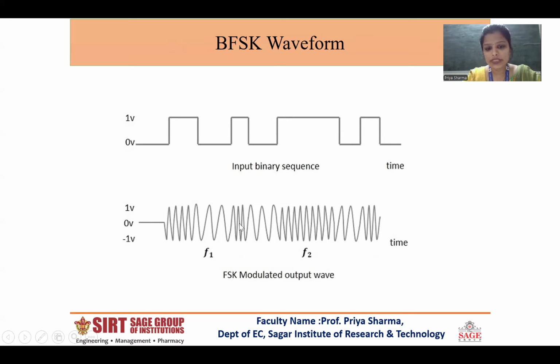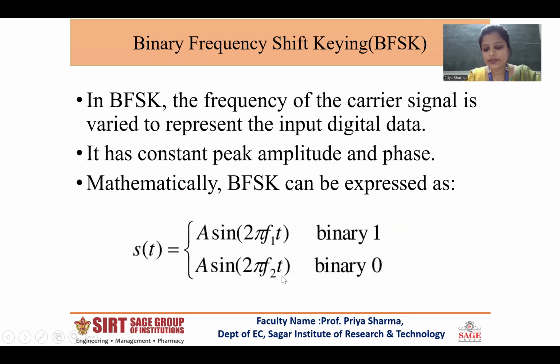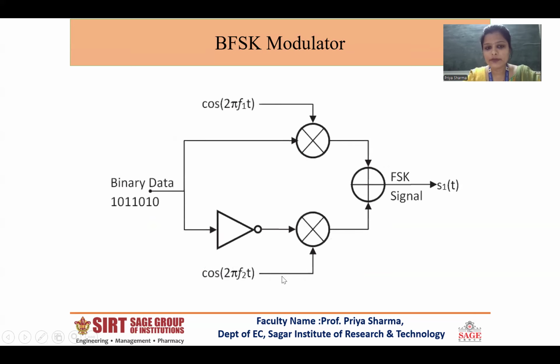As you can see, for 1, it will follow the carrier signal. For 0, it will have a greater frequency. The part of the waveform which has the higher frequency is denoted by f1, and the carrier signal frequency is denoted by f2. So this is how f1 and f2 are represented. And this is the waveform of BFSK.